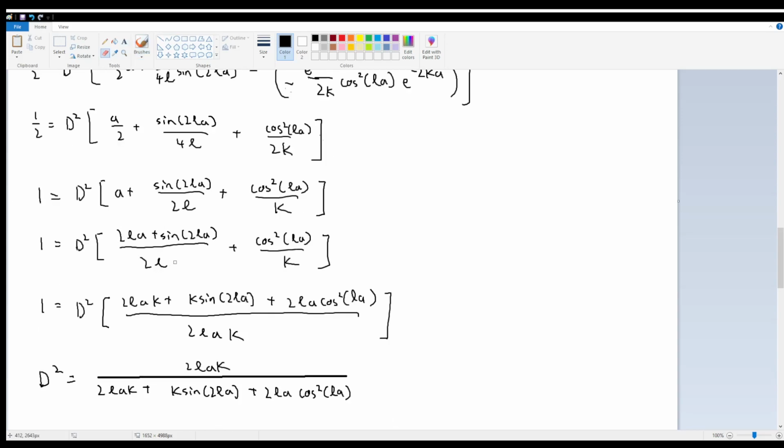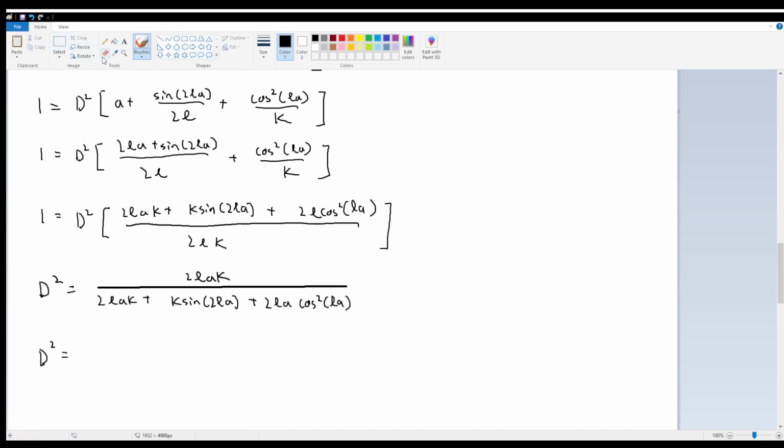There's not supposed to be an a here. This is supposed to be just 2lk, in which case there's not supposed to be an a here either. So this is just 2l. My apologies. Move everything over. This is 2lk. And then at the bottom we have 2lak plus k sine 2la plus 2l cosine squared of la. Okay, yeah, that looks more like what it's supposed to.